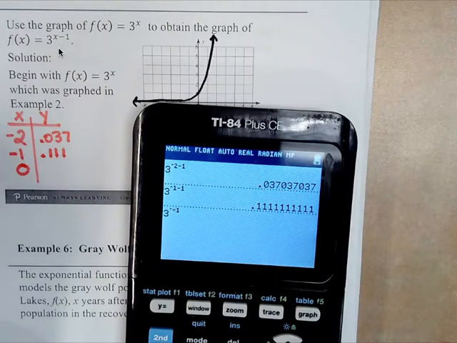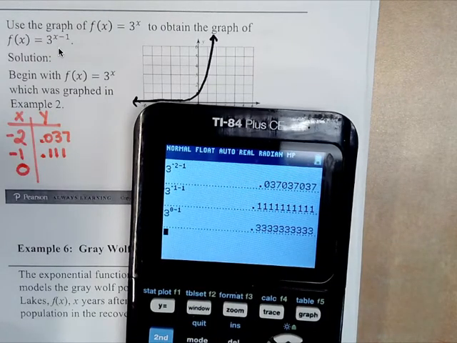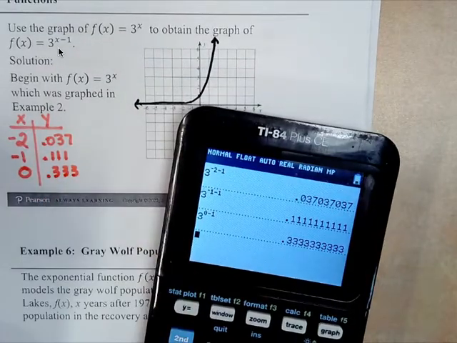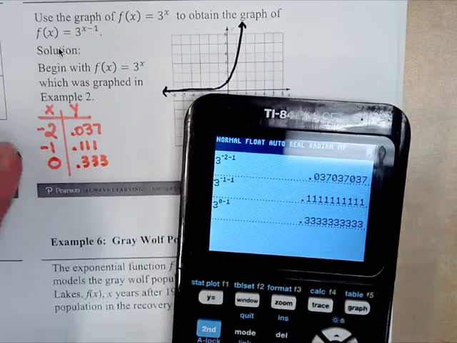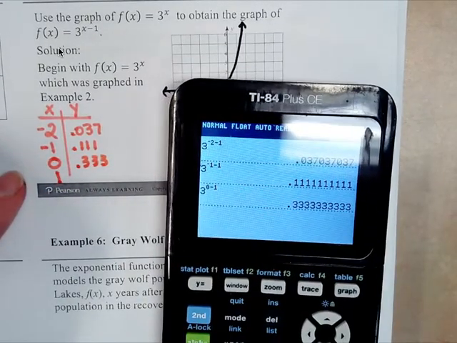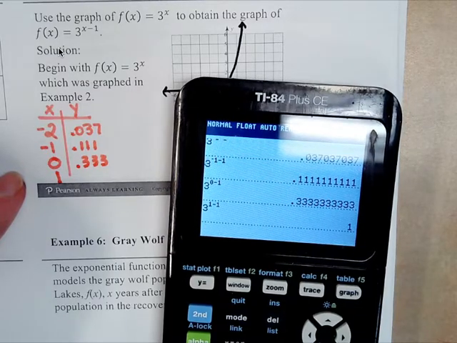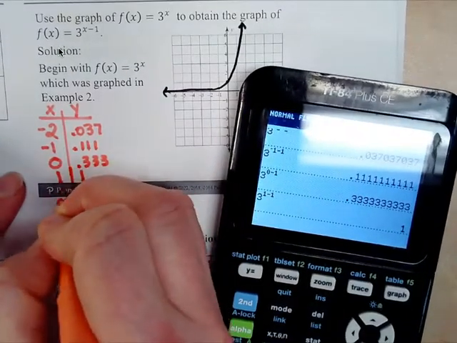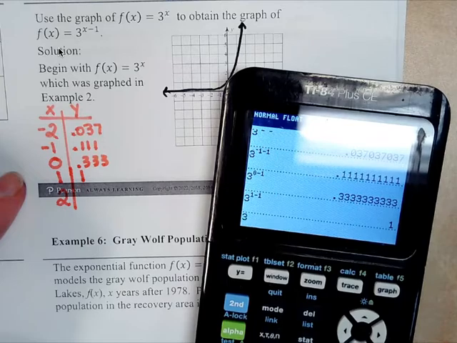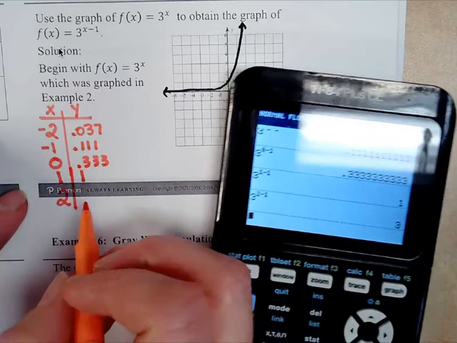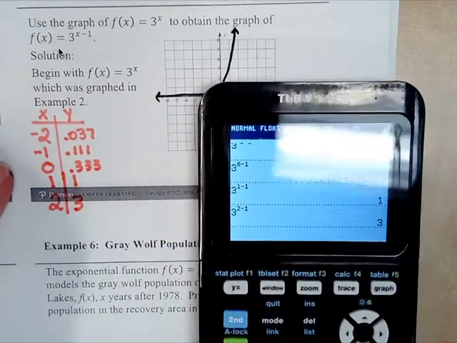Just going to change this to 0 minus 1. 0.3 repeating. And then 1. 3 raised to the 1 minus 1, which is 3 to the 0, which is 1. Then 2: 3 raised to the 2 minus 1, 3, and so on.